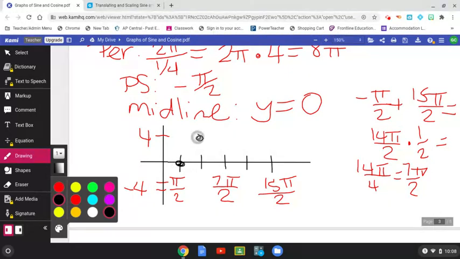Here's our first point, second point, third point, fourth point, fifth point. So when I'm graphing sine, I always start on the x-axis or on the midline, okay, if there's a vertical shift, and then you go up, down, up with your points, and then you can just fill in the curve. And so this is one period of this function.